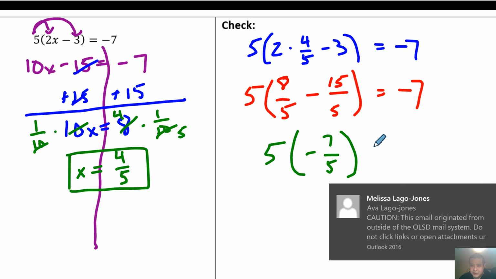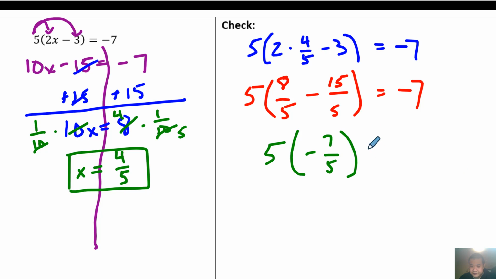Oops. Which gets us negative 7. Or should get us negative 7. And then our next thing is going to be to multiply the 5 and the negative 7/5, which means that we can do some cross canceling because this 5 cancels out with this 5. We are left with negative 7 equals negative 7.